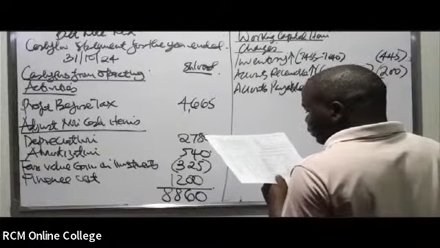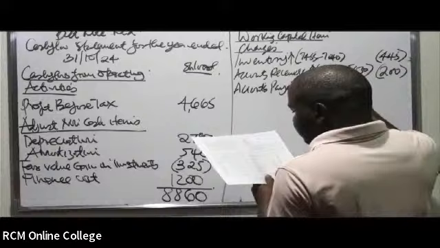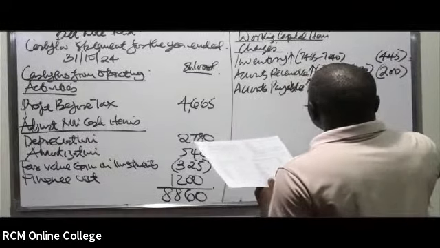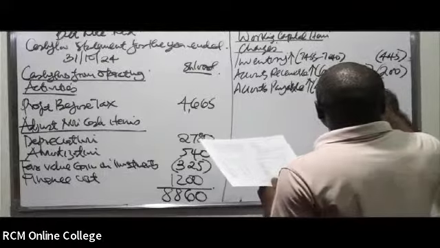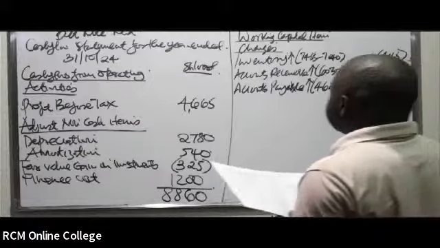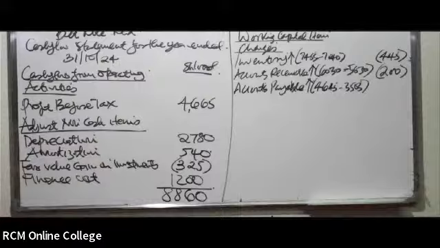The accounts payable are increasing from 35,005 to 46,145. So in this case, we said if these ones are increasing, you end up having to add.